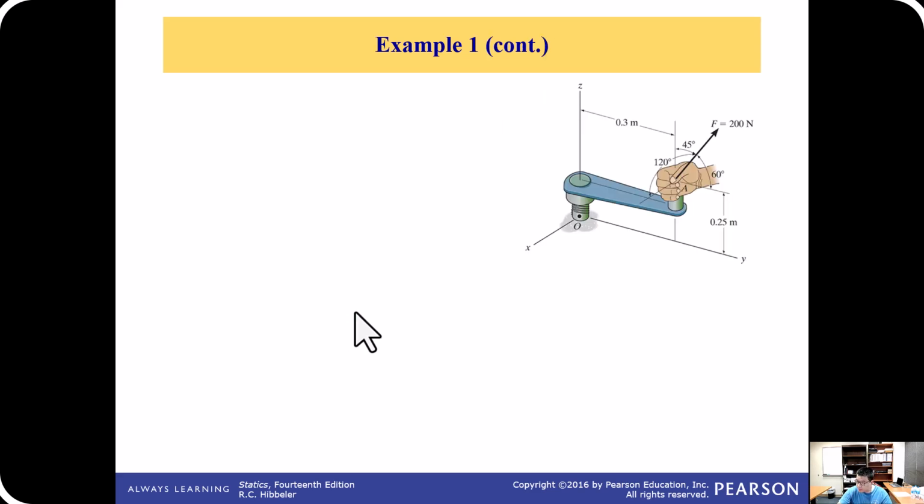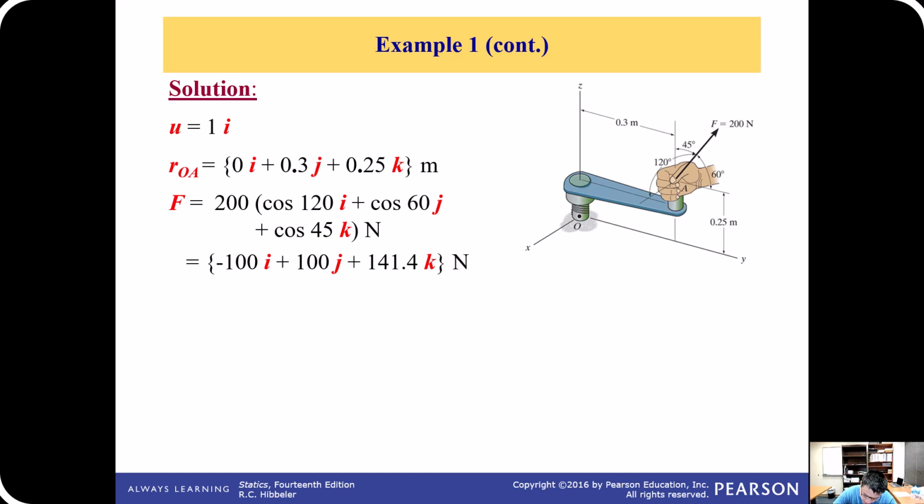Let's continue. We know u is 1i, and rOA, the position vector from O to A, will be 0i plus 0.3j plus 0.25k, in meters. And for F, you can decompose it, which will be 200 times cosine 120 in the x direction, plus cosine 60 in the y direction, and cosine 45 in the k direction.